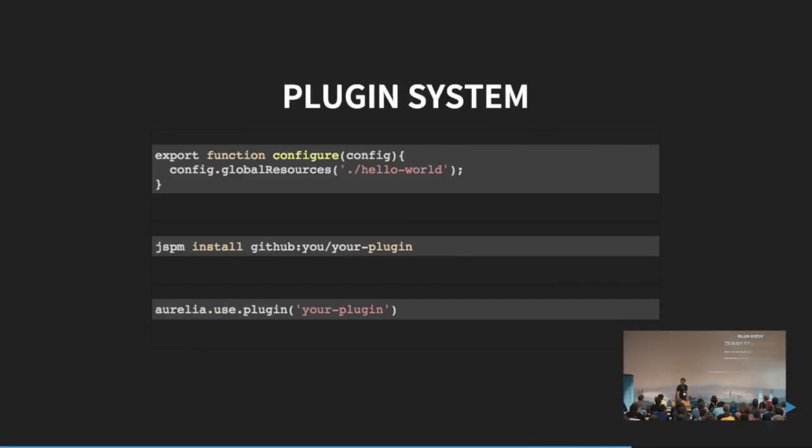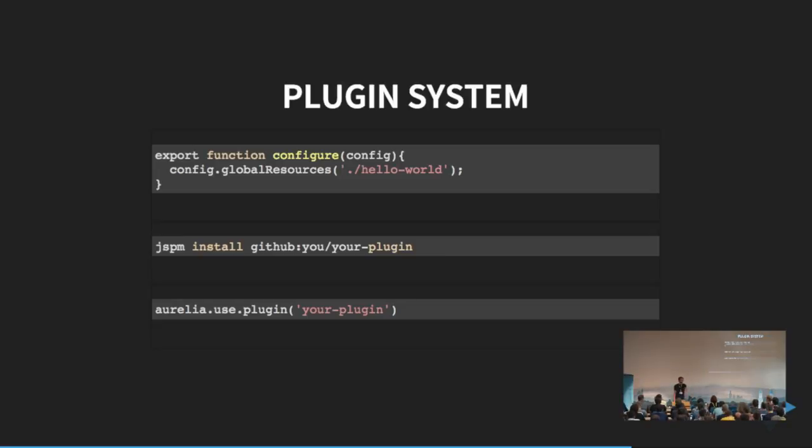You have a pretty nice plugin system that you can use for third-party stuff or even to organize your own code. Basically, you have this bootstrapping phase in Aurelia. When it starts up, you get this configure thing. When you load this plugin, it will call this configure function. You get the Aurelia config object.